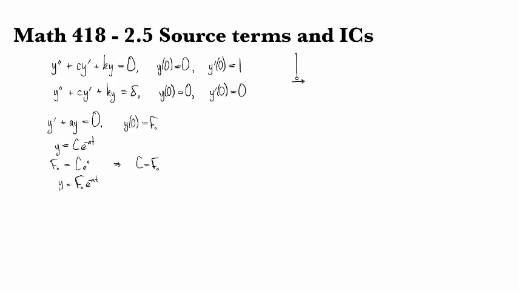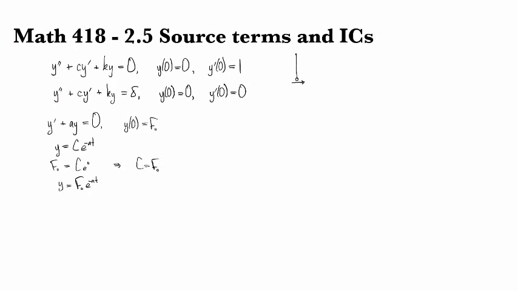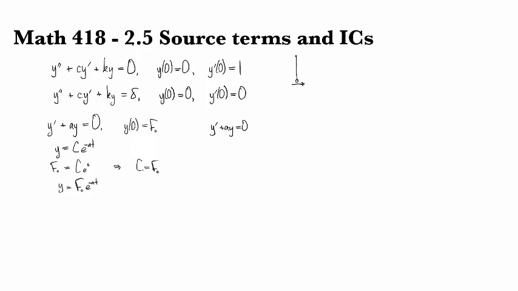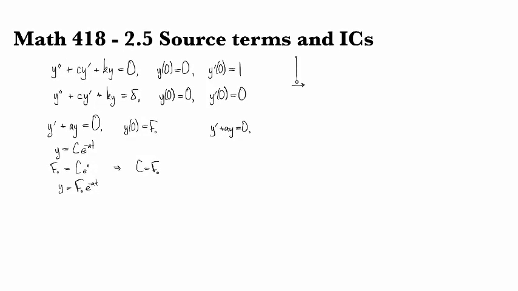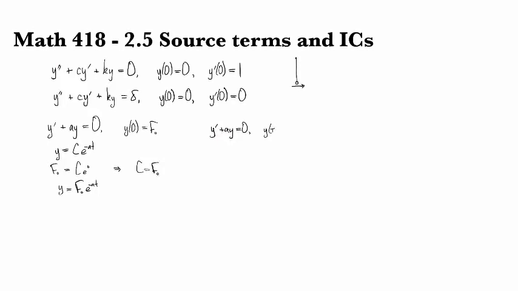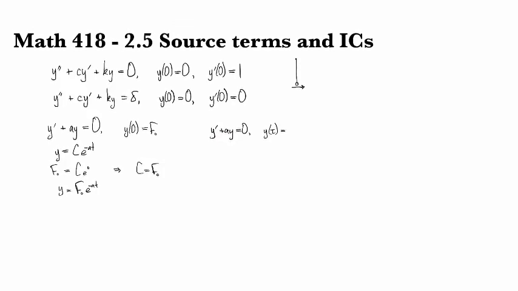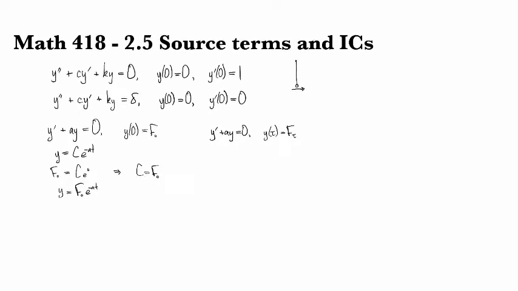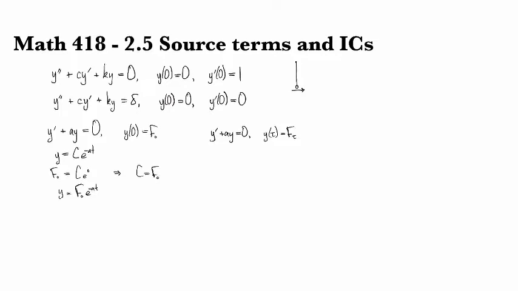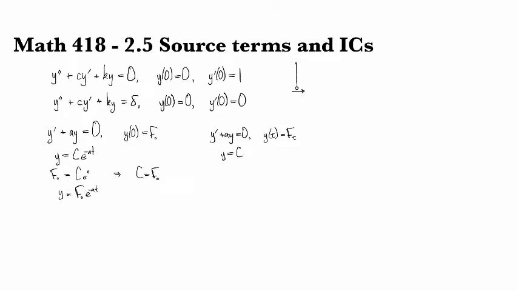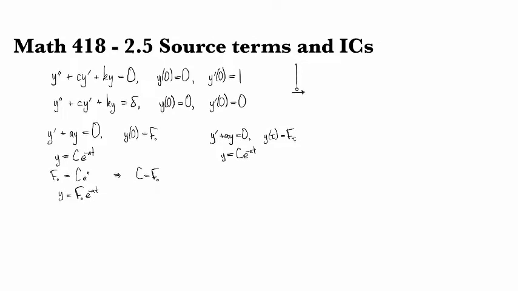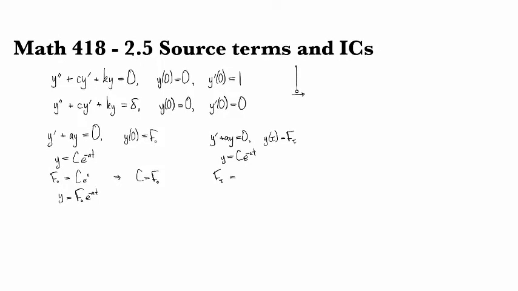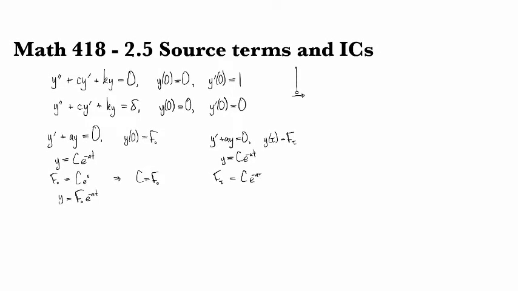Alright, so let's modify this problem a little bit, and now consider y prime plus ay equals 0. This time, instead of starting it at time 0, we'll start it at some time in the future. Let's call it tau. And the value that we're going to start it with, our initial population or whatever, is going to be f sub tau. Then once again, you find that y is equal to ce to the minus at. When you use the initial conditions, you find that f tau is equal to ce to the minus a tau.